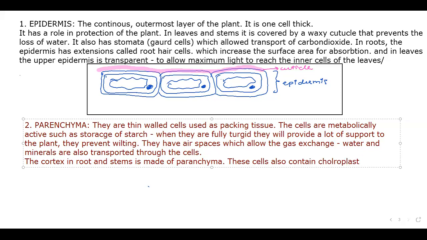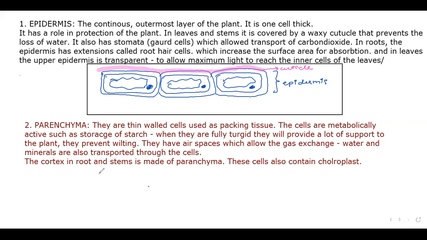So they can be modified to make the palisade cells and your spongy mesophyll cells as well. So they can undergo modification. I can take my parenchymal cells, modify them, and make spongy mesophyll cells or palisade mesophyll cells. Why can I do that? Because they have chloroplast present inside of them.